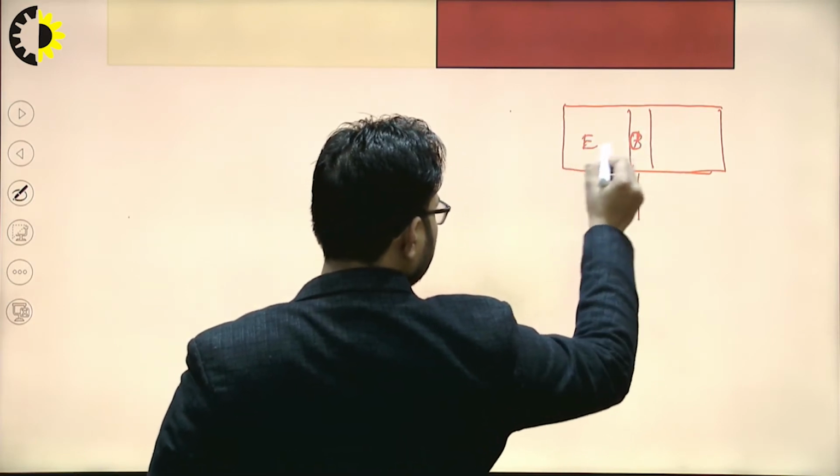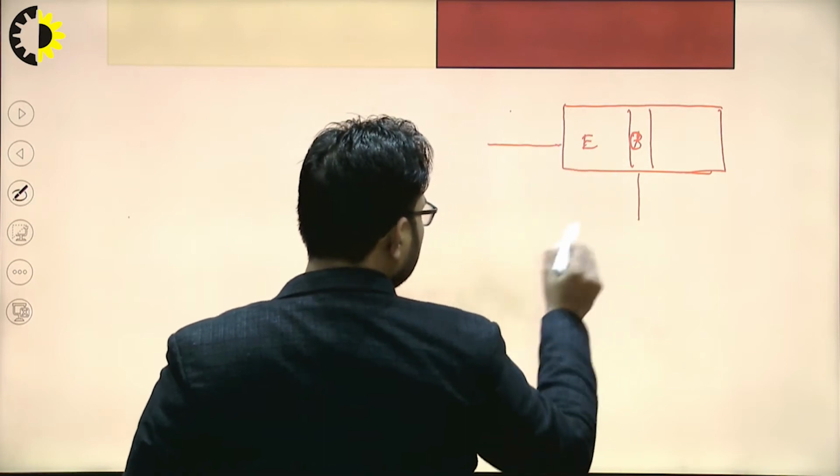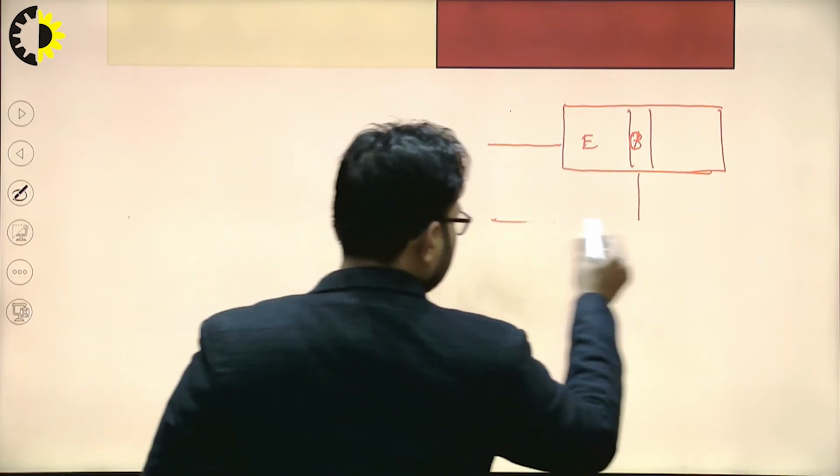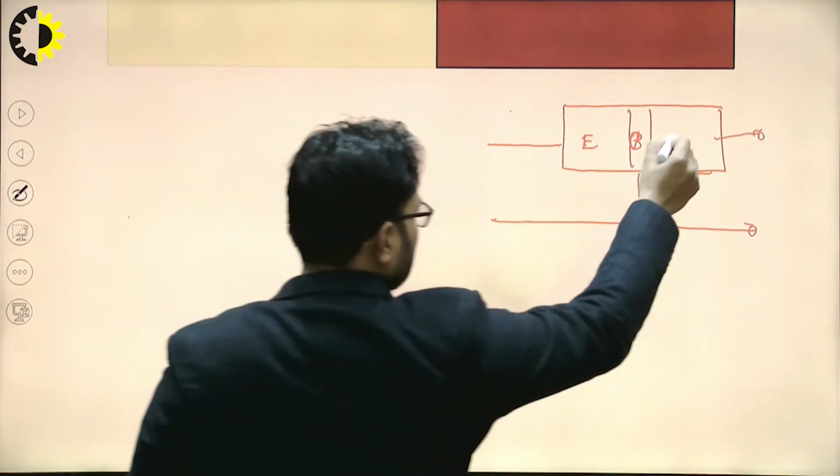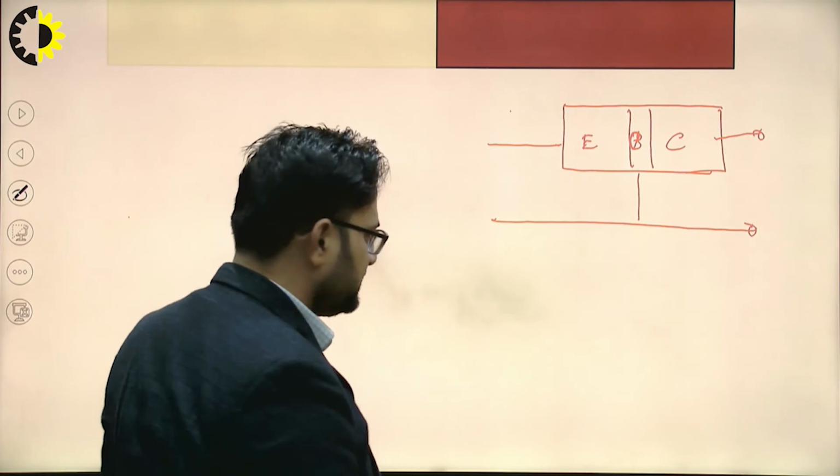This is the emitter. Input is given at the emitter side, and output is taken from the collector side.